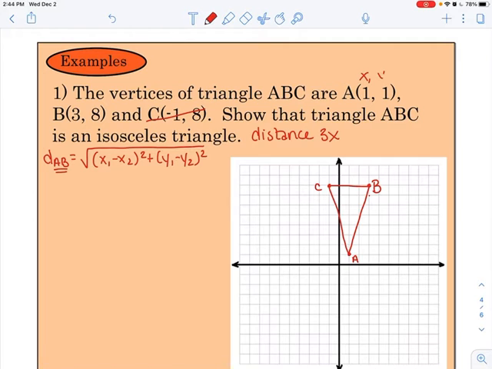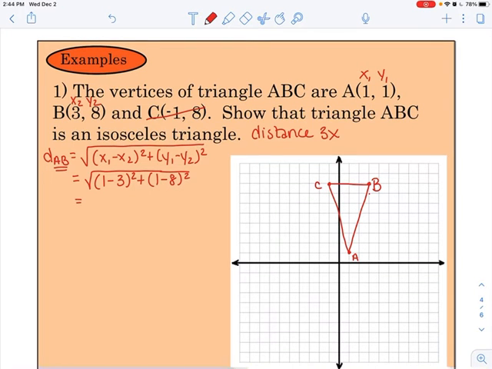So I'll call this x1, y1 and this one x2, y2. Okay, so x1 is 1. You have a minus sign from the formula. x2 is 3. y1 is 1. You have a minus sign from the formula, and y2 is 8.